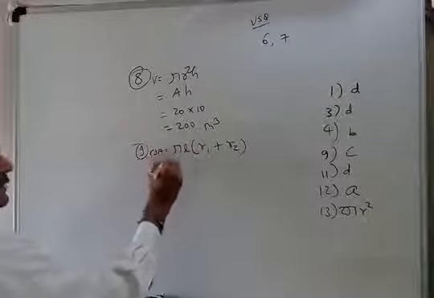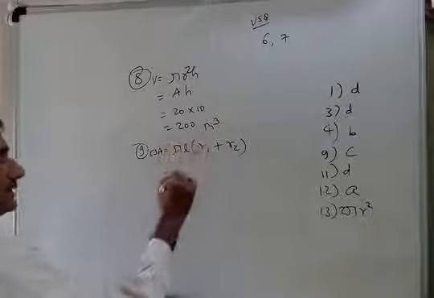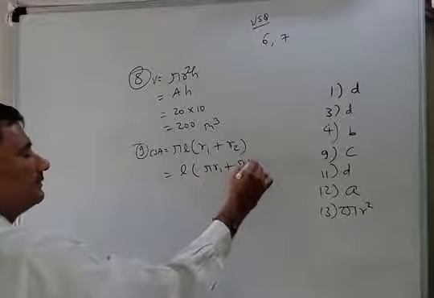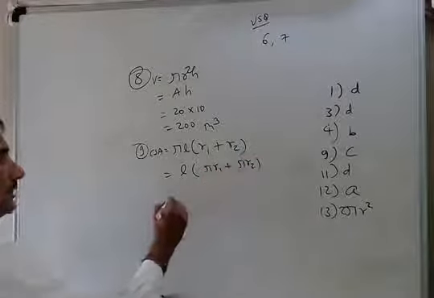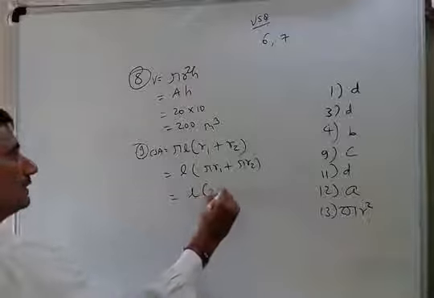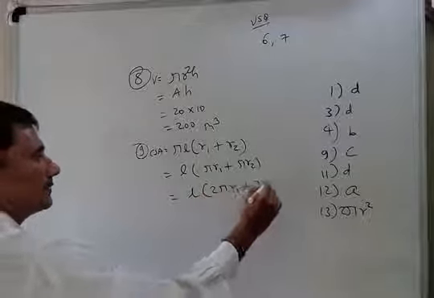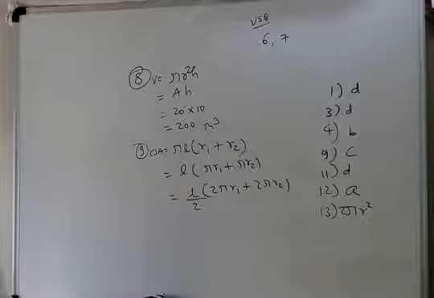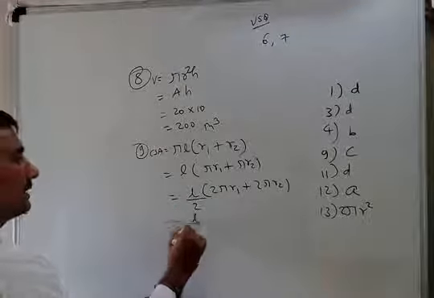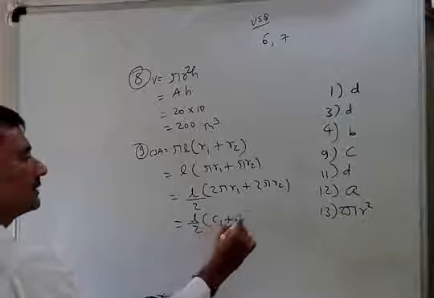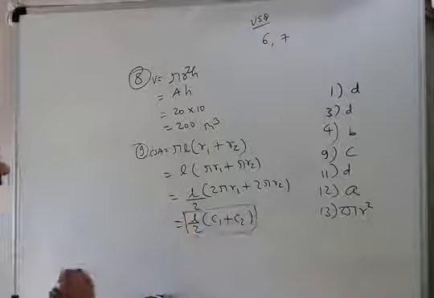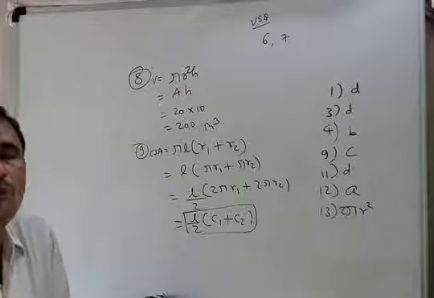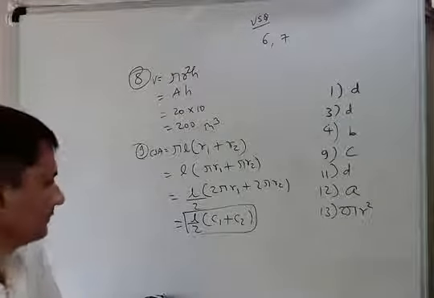Now take pi inside: pi R1 plus pi R2. Now we want 2 here, so multiply by 2: 2 pi R1 plus 2 pi R2. But you cannot only multiply by 2, you have to divide also by 2. So it becomes L upon 2 (C1 plus C2). You have to remember this also. Directly you can give the answer.